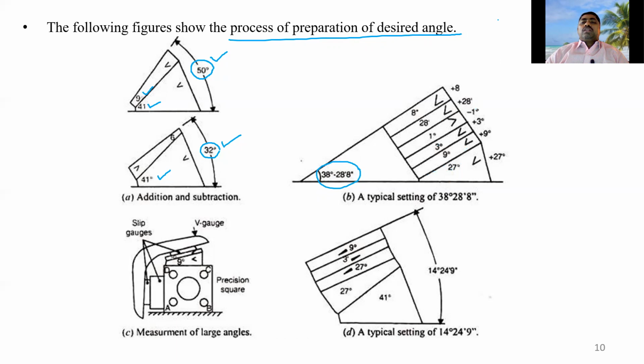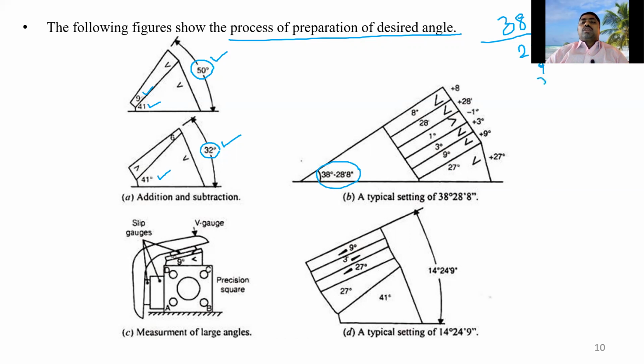So I can use different angle gauges: one is 27 degree, another is 9 degree. I will get a total of 36, but I require 38 degree, and there is no 2 degree gauge.